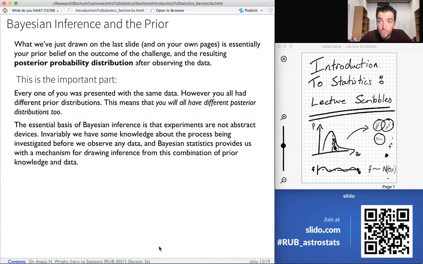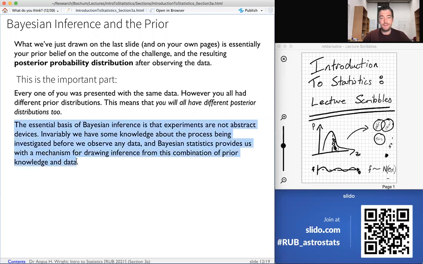Every single one of you will have specified slightly different priors, independently from one another. And those priors influence the posterior probability. Now, you all saw the exact same data, but you will all infer different values of theta because your prior belief was different. And that is a fundamental tenet, a fundamental property of Bayesian inference.